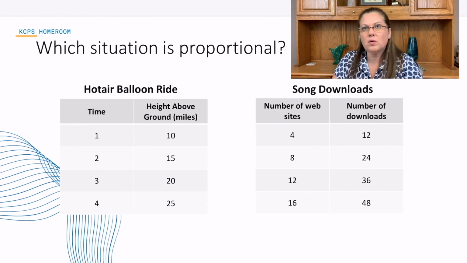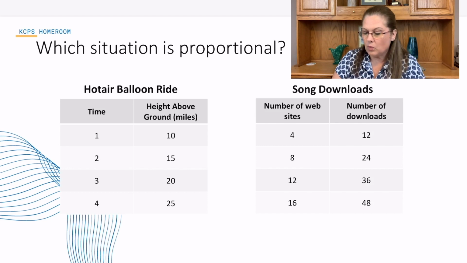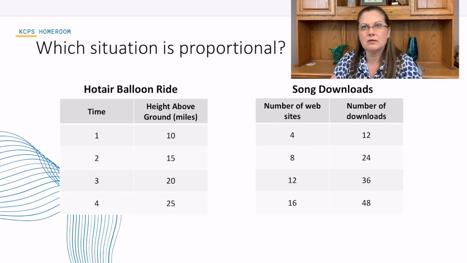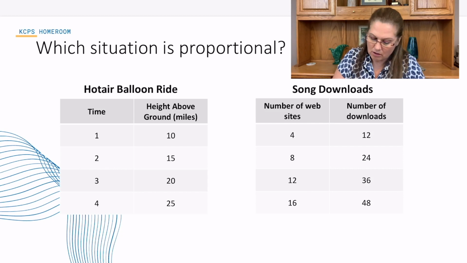So which situation is proportional? In this particular situation, we have hot air balloons and we have song downloads. We can use an equation, k equals y over x, or y divided by x, to figure out our ratio. Now remember, in our vertical tables, our x value is on the left, our y value is on the right.